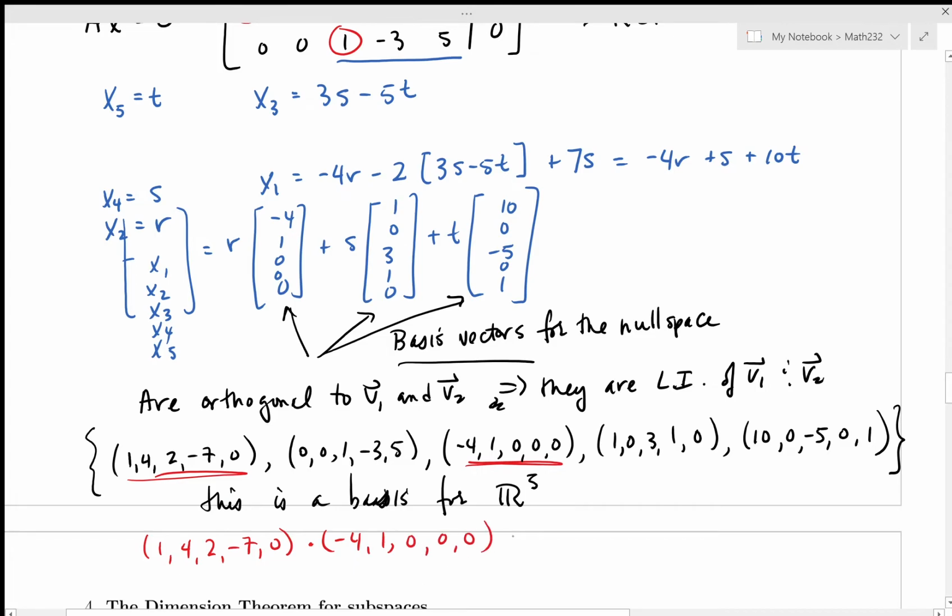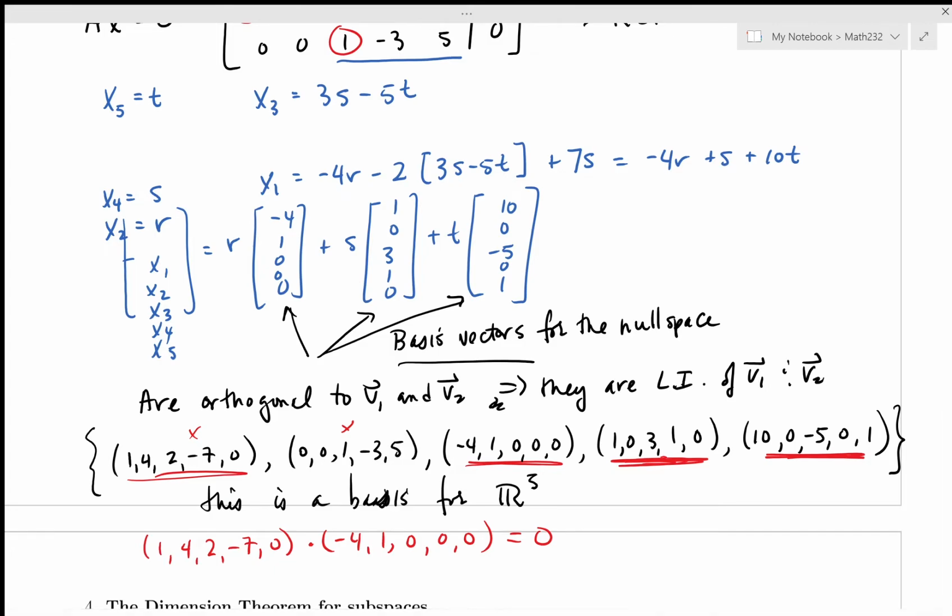I take the dot product and I get 0, right? Minus 4 times 1 plus 4 times 1. That has to happen, that is what is supposed to have happened. We attempted to find the basis vectors for the null space, so each one of these has to be orthogonal to these two here. You could check that.